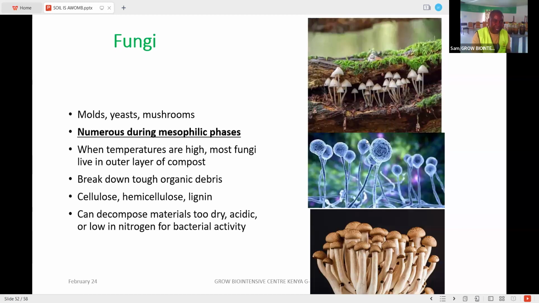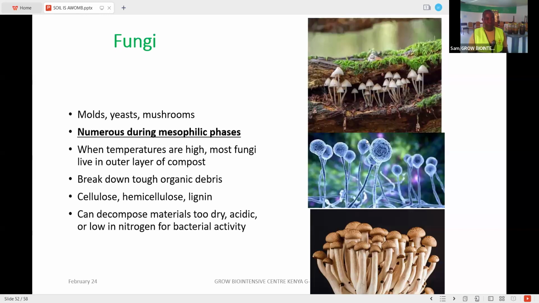After another 3 days, bacteria take over. When temperatures are so high, the fungi live on the outer sides. Fungi don't like high temperatures, and that's why mushrooms must be grown in a cold room. In a hot room, mushrooms cannot grow.